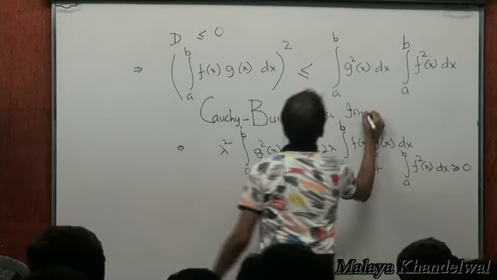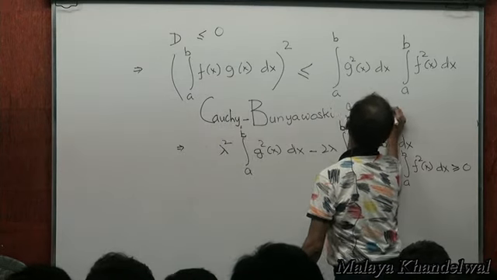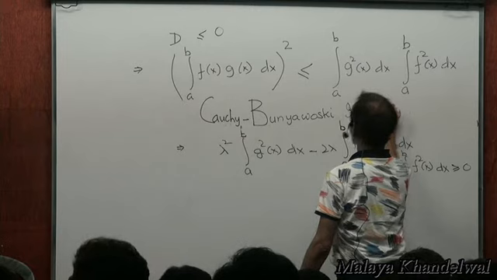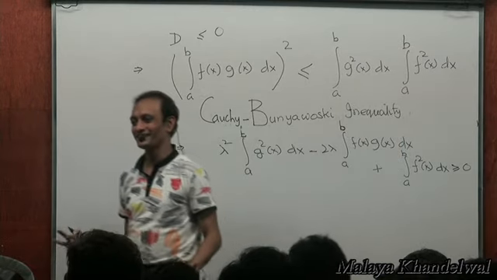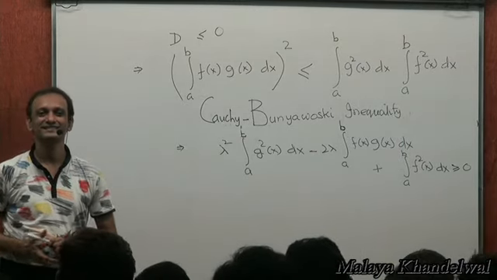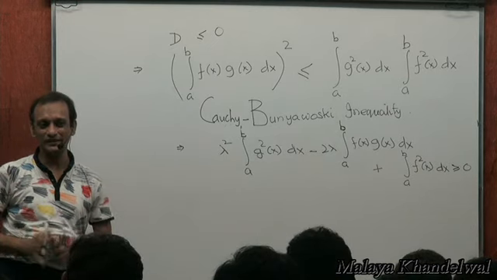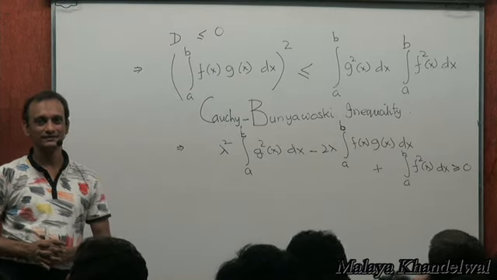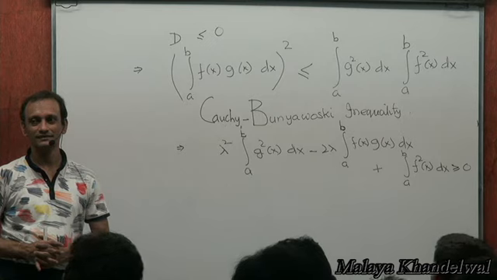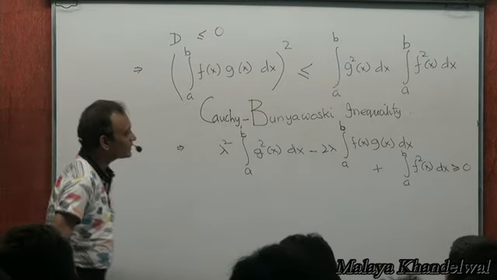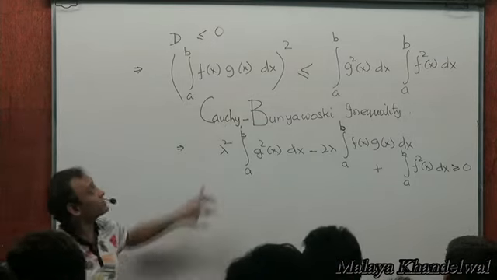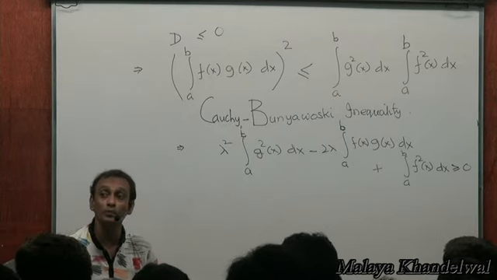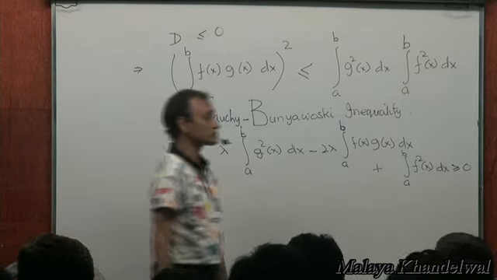This is called the Cauchy-Bunyavosky inequality. We'll only call it the Cauchy inequality, right? It's comfortable doing that. Clear? Does it make sense? So this is yet another important property of definite integrals.